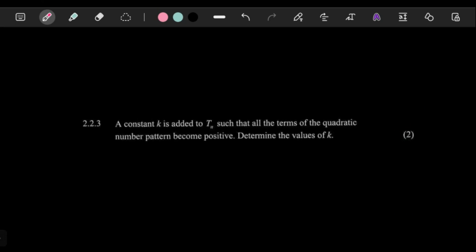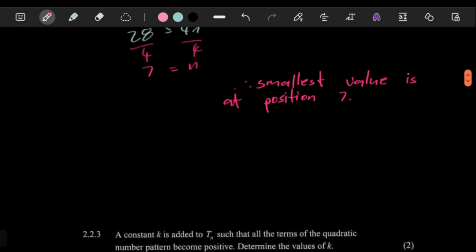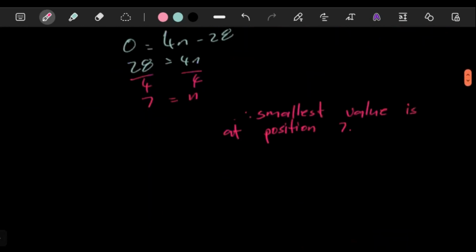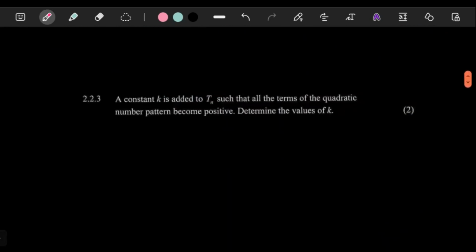A constant k is added. Oh, what I mean is a specific number is added to the sequence of first differences. A specific number is added, right? Because we're talking about k here. A specific number is added to k such that all the terms of the quadratic number pattern become positive. Determine the values of k.